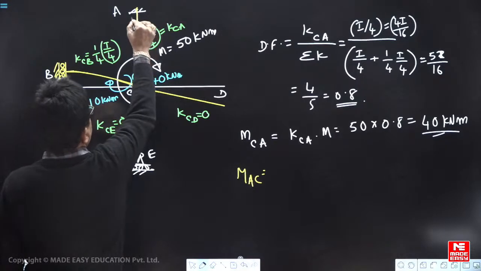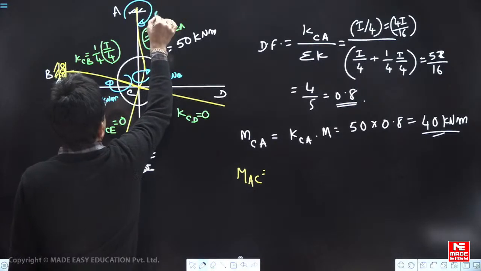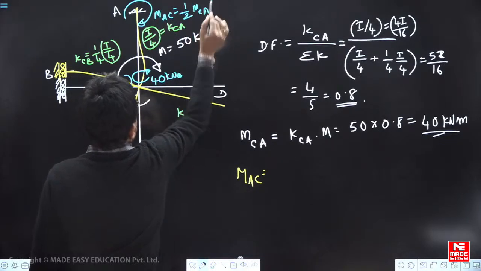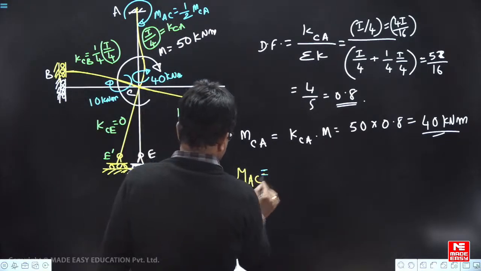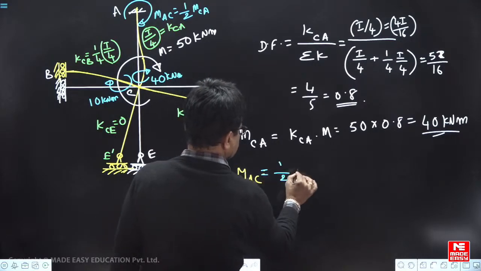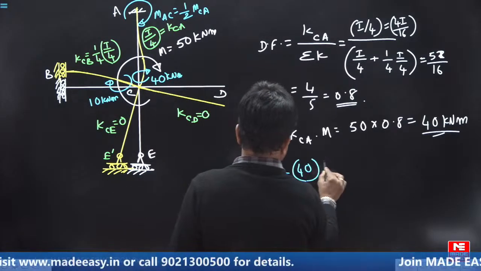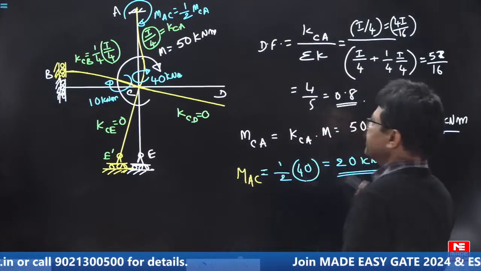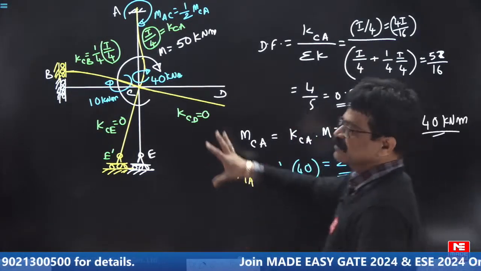Then see, this is clockwise. Here also clockwise moment will develop. MAC is half of MCA. Carryover moment is half of that. So 20 kilonewton meter. This is the process.